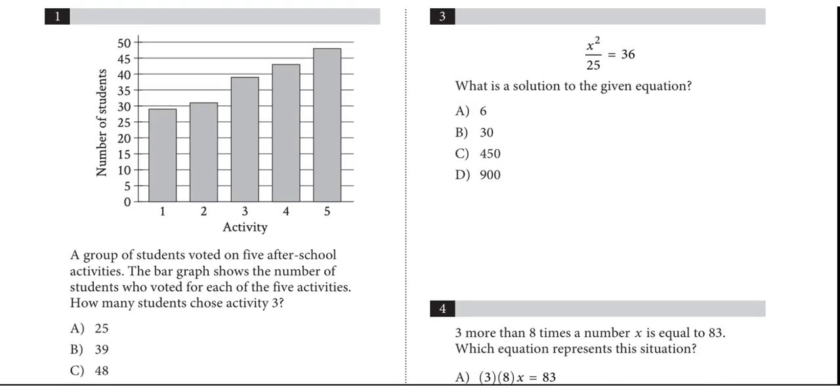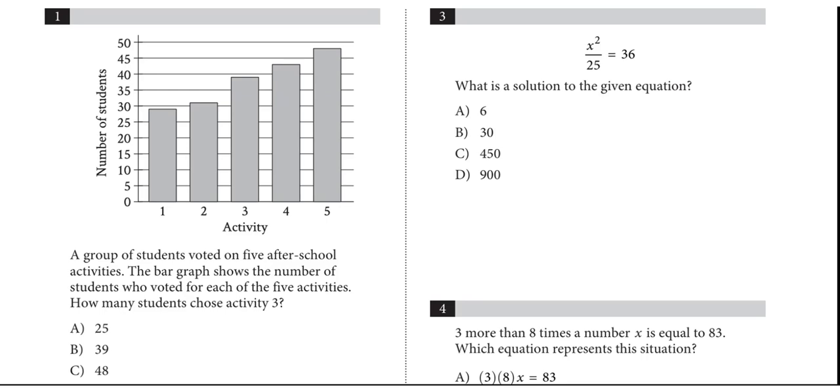it says a group of students voted on 5 after-school activities. The bar graph shows the number of students who voted for each of the 5 activities. How many students chose activity 3?